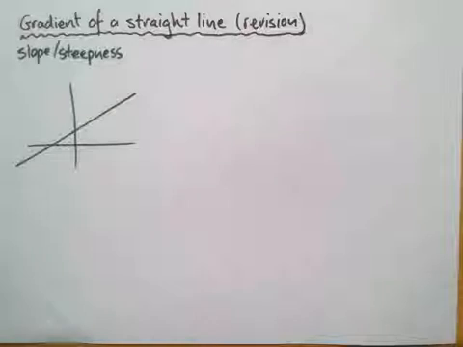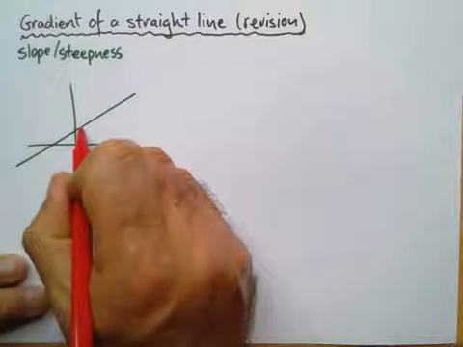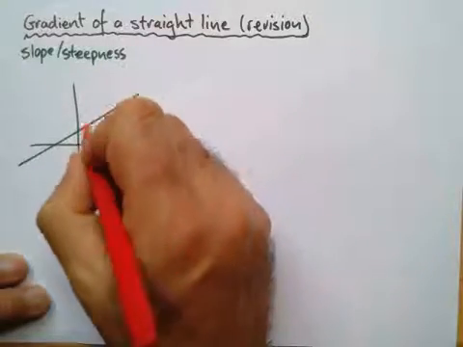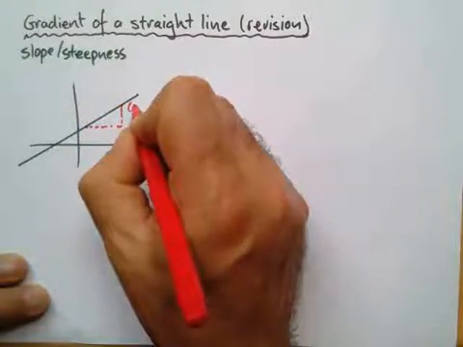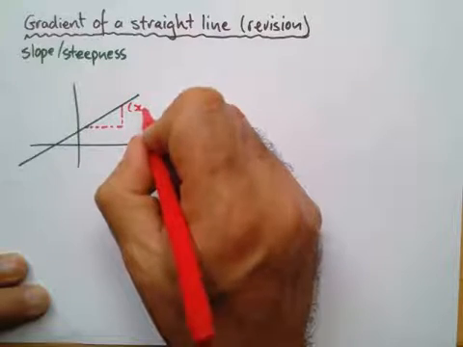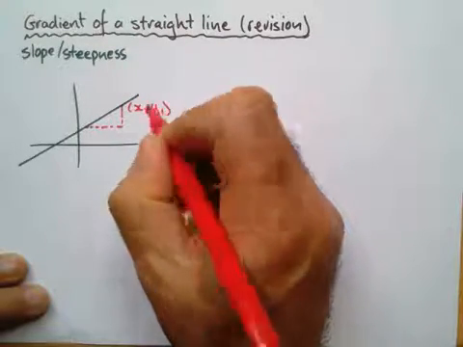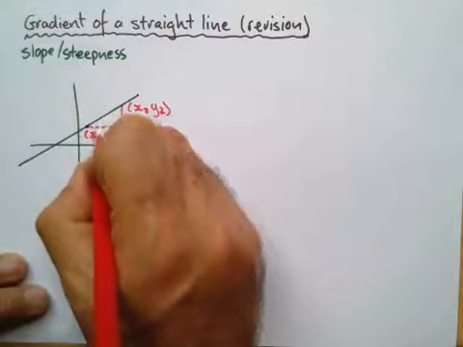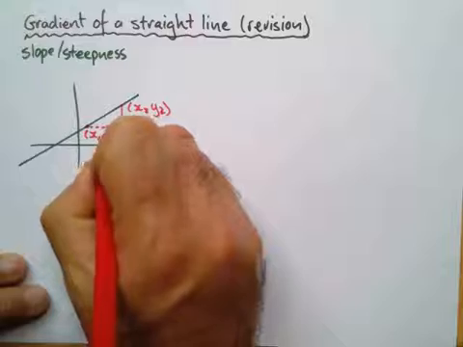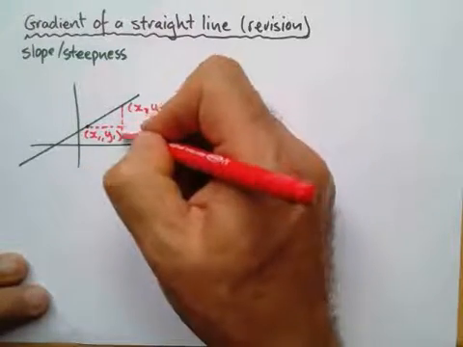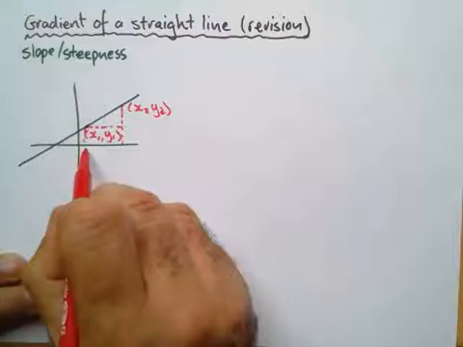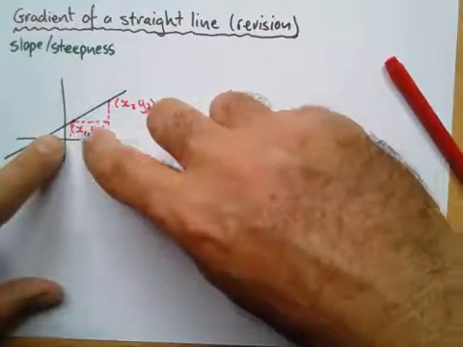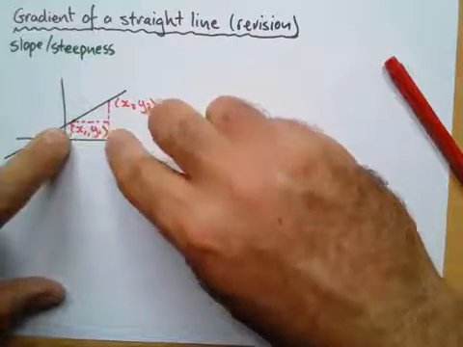And to find the gradient, we say that we have any 2 points on this line, and we'll make this, any 2 points, x2 and y2, and we'll make this point x1 and y1. So we can see that x2 take away x1 will give me this distance.